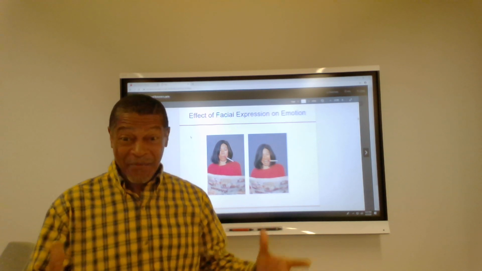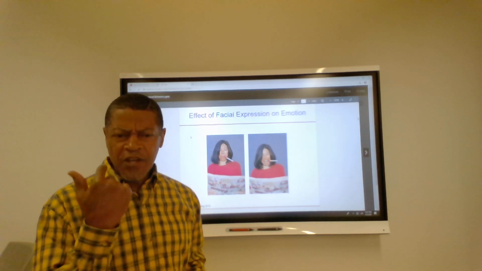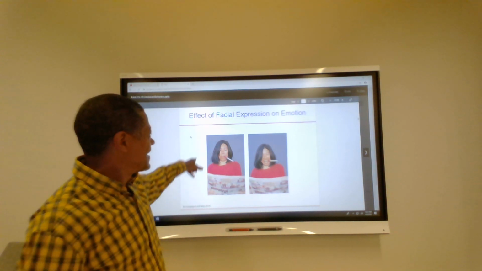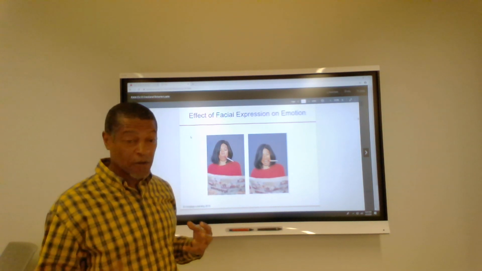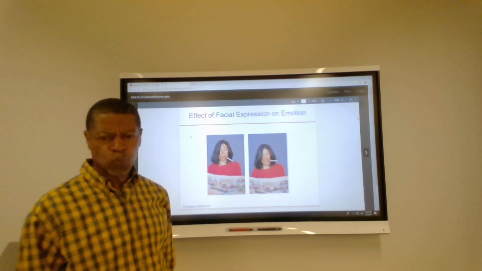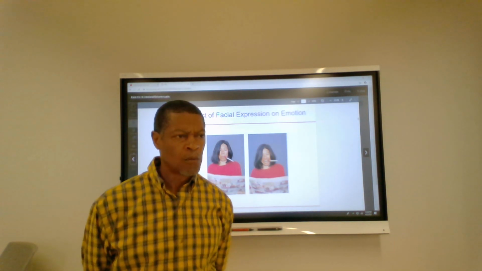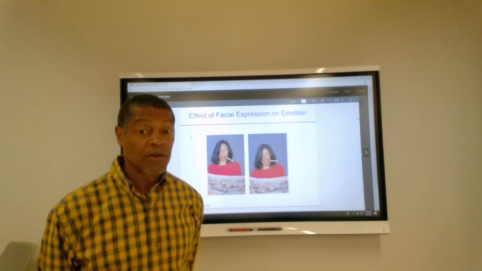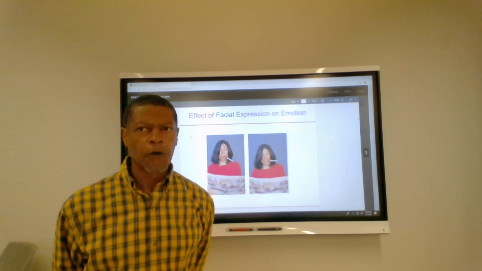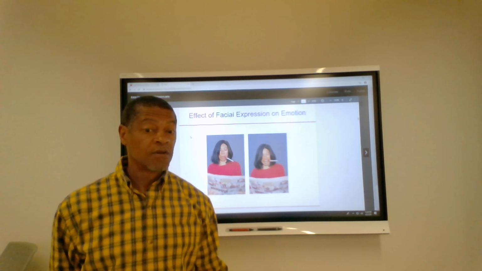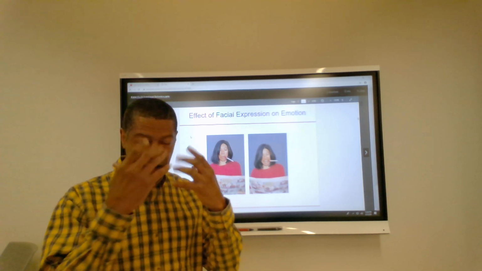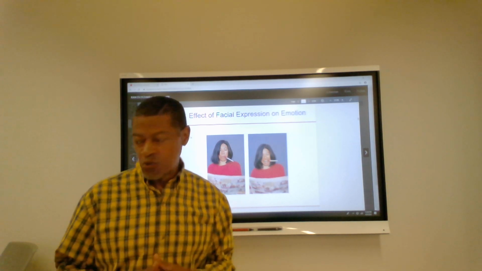Or something fearful coming up and I'm still smiling. So your facial expression impacts how your emotions are going to be. If I then always frown, always upset, or not even upset, but just the facial features are like that, it impacts the emotions. So there's a connection between the outside of the body and physically how you respond to things.